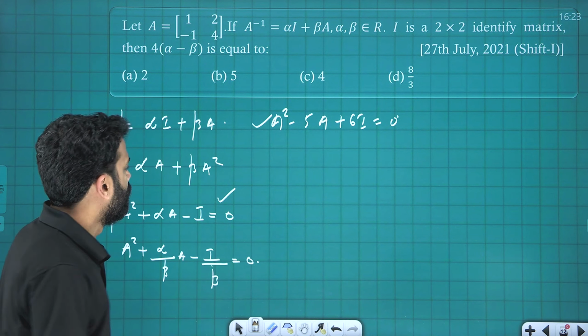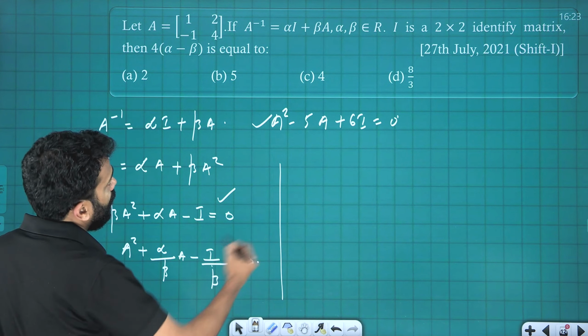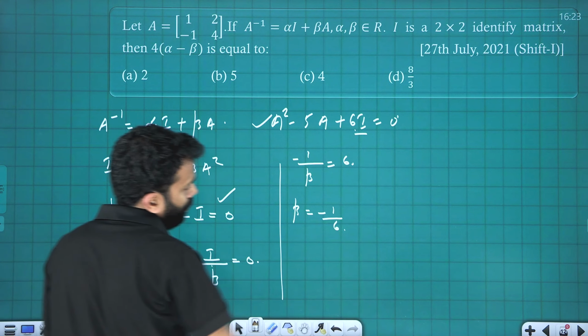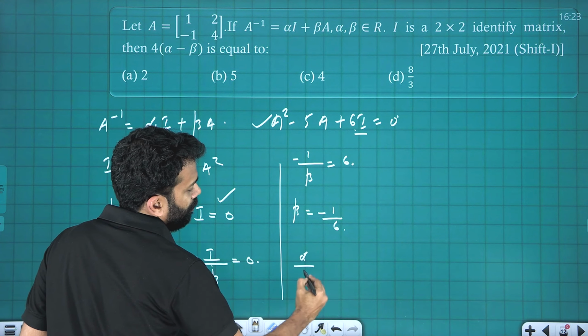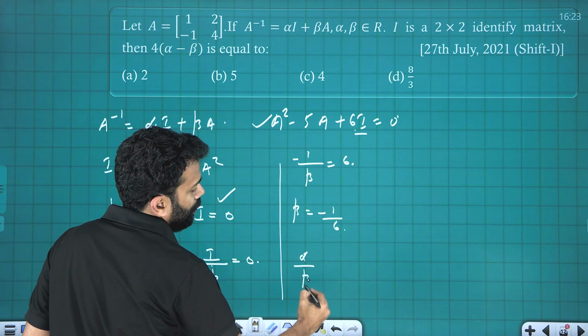The problem is over. Therefore, if you compare it, here the coefficient of I is 6. Here what is the coefficient of I? Minus 1 by beta. Therefore, minus 1 by beta is equal to 6. And what is beta? Beta is equal to minus 1 by 6. Okay. And we know that alpha by beta is equal to what?